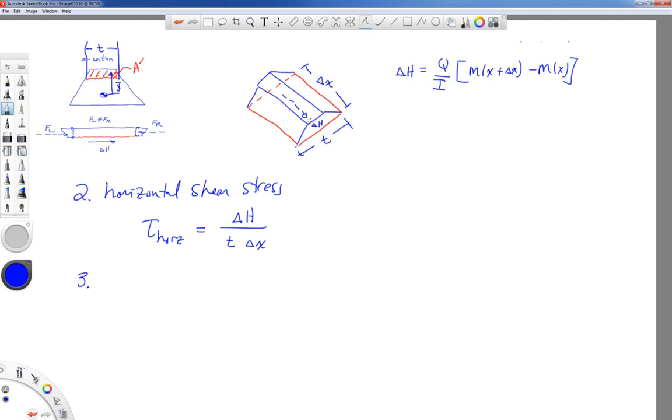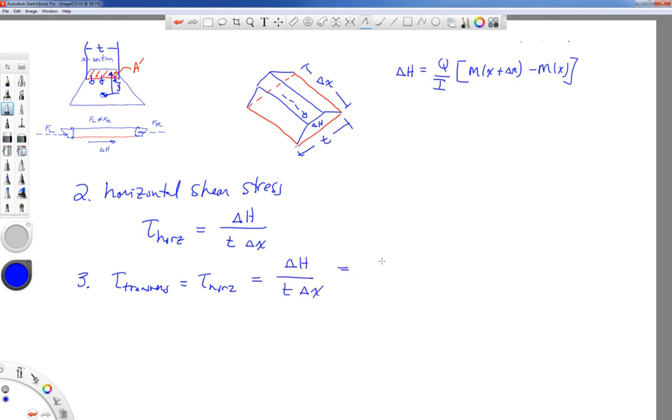Okay, that horizontal shearing stress goes horizontal, but we also know now that shearing stresses at right angles are equal. So the shearing stress that goes up and down on the beam cross-section, like that, at that spot, is equal to the horizontal shearing stress. So tau, let me label this as transverse, equal to the horizontal shearing stress, is equal to delta H divided by t times delta x.